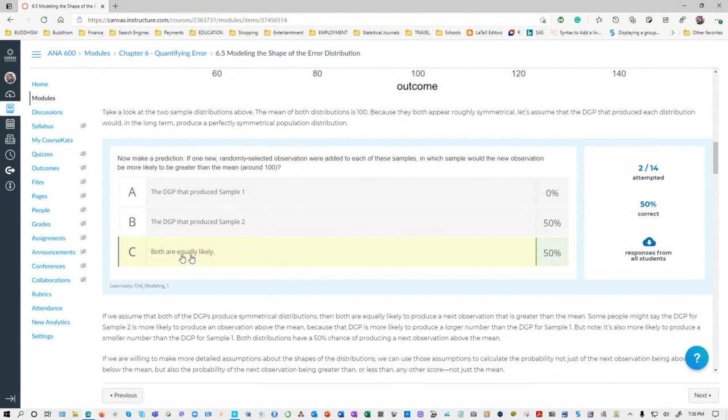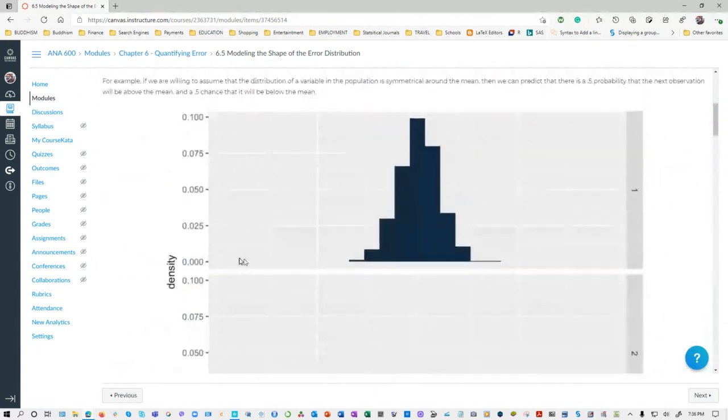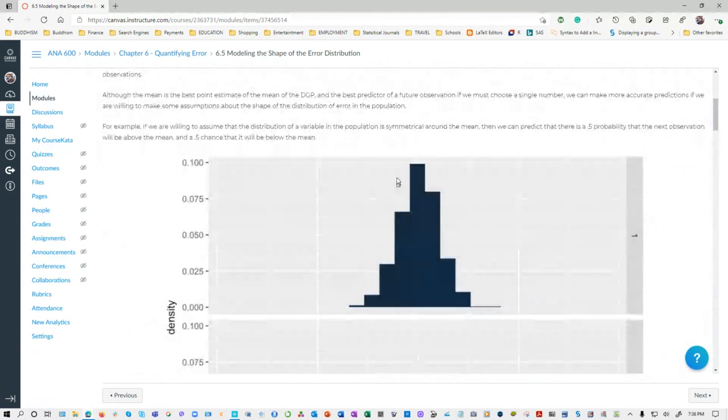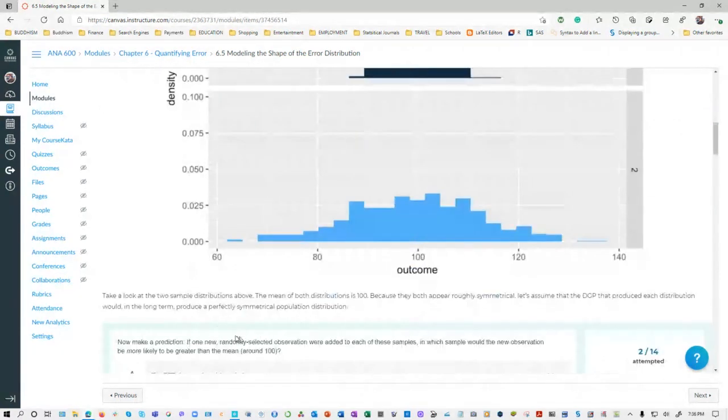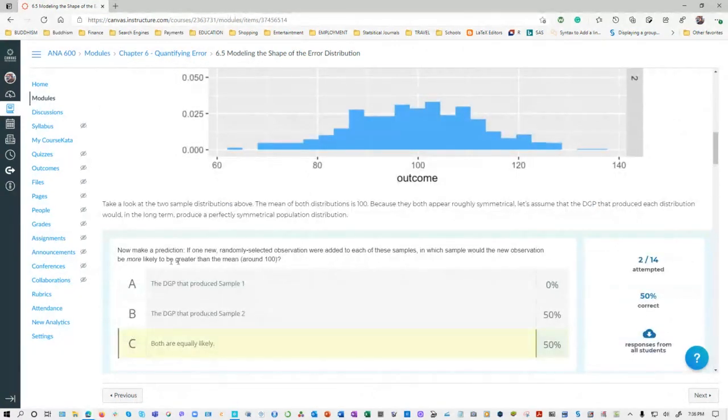Both are equally likely. If a new randomly selected observation is added to each of these samples, in which sample would the new observation be more likely to be greater than the mean?